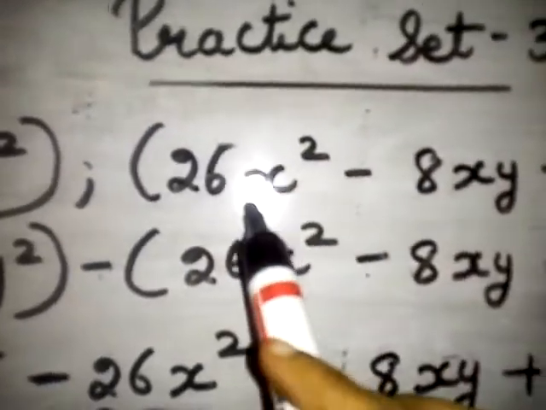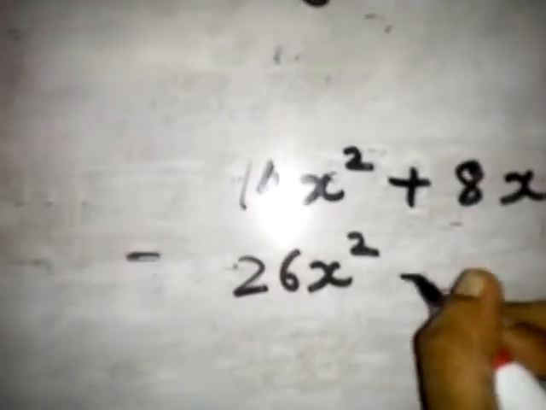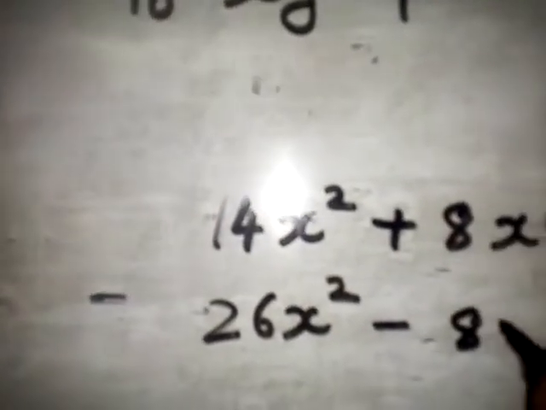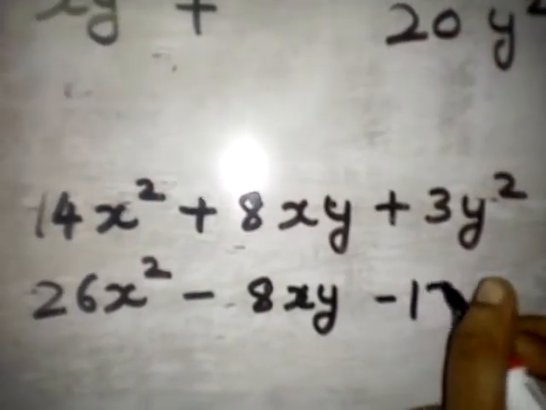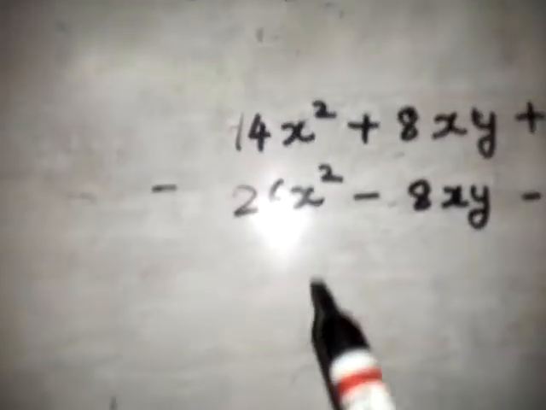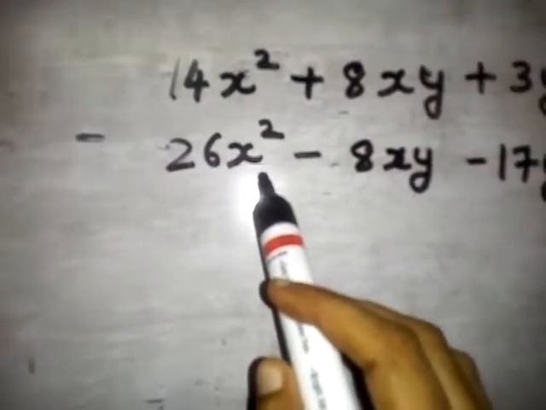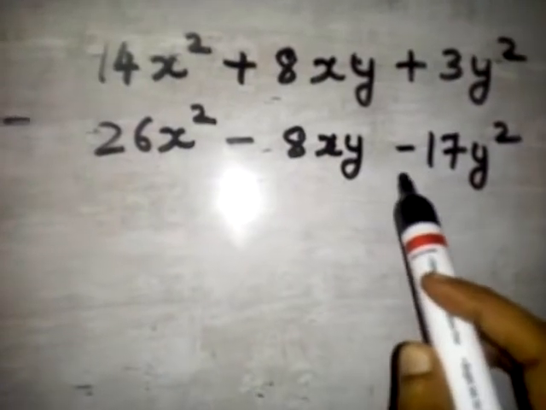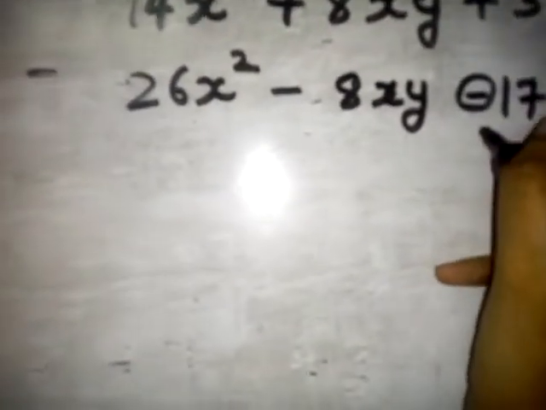Write the second expression in trinomial form, which is given: 26x square minus 8xy minus 17y square. You have to circle this sign and write it opposite.